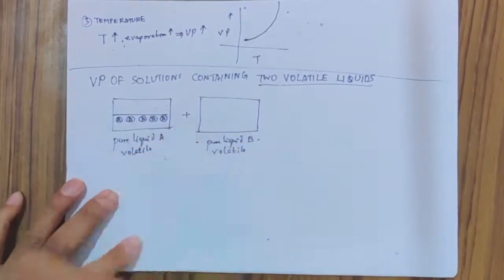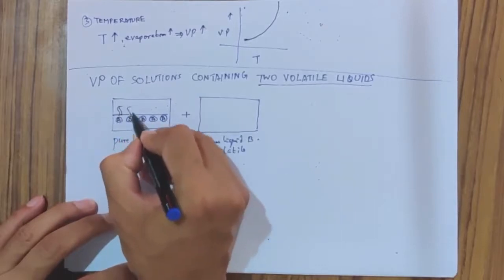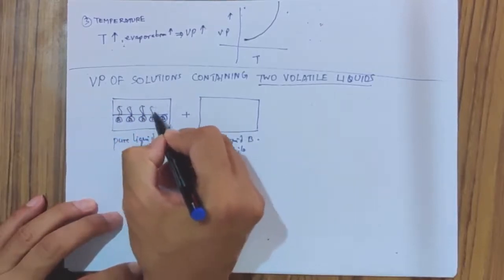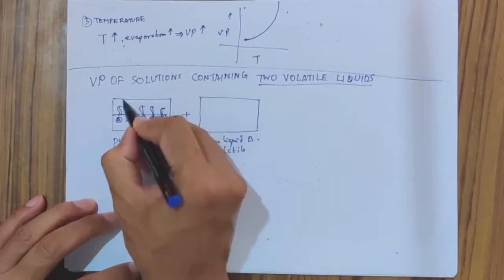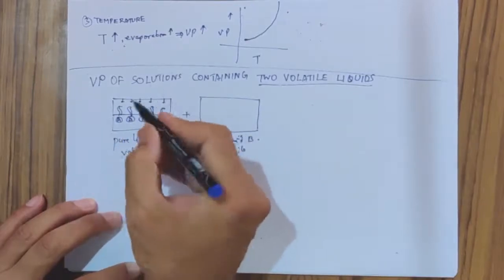Molecules of A come to the surface and evaporate, and they exert some pressure on the surface.